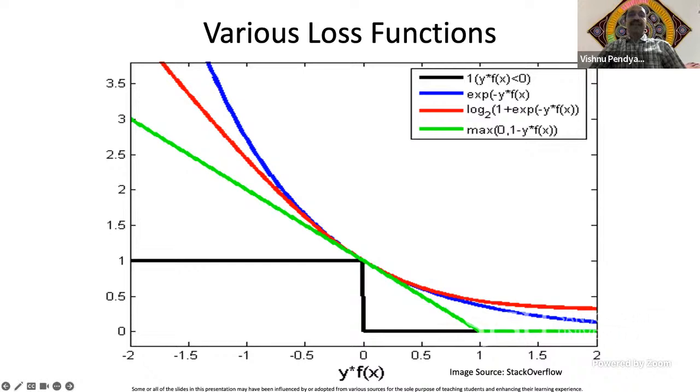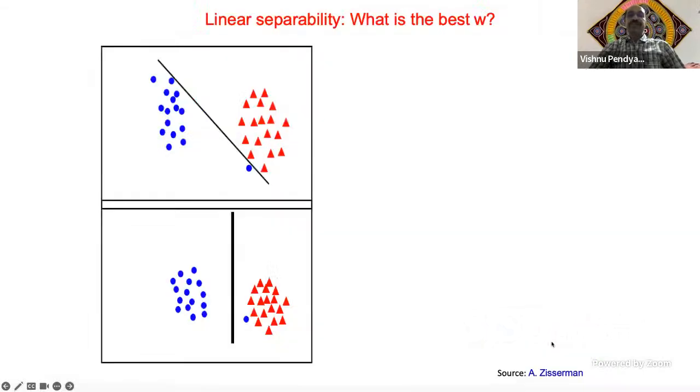That is the reason we come up with hinge loss in support vector machines, the exponential loss in boosting algorithms, and the logistic loss in other algorithms like logistic regression. There are multiple loss functions, but for support vector machines, we go with the hinge loss function.